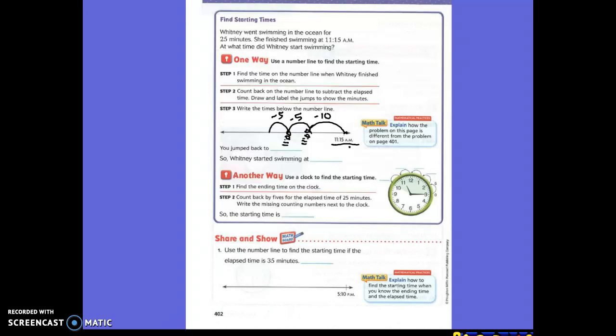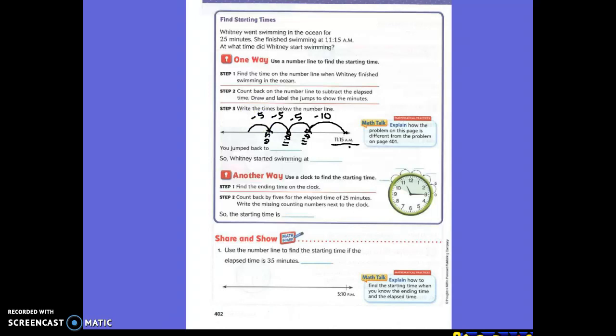So it would be 10:55, because you have to go back in hours, to the previous hour. Okay, now we've done 20 minutes. Right? 10 plus 5 plus 5 is 20. It said 25, so let's go another 5. Minus 5.